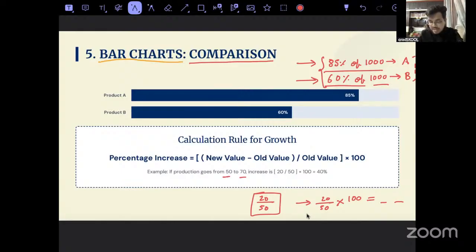For this, I'll tell you, this is the important part. New value minus old value, which is the change. This is the major thing. Old value, percentage change. Here everything is done relative to the old value only.